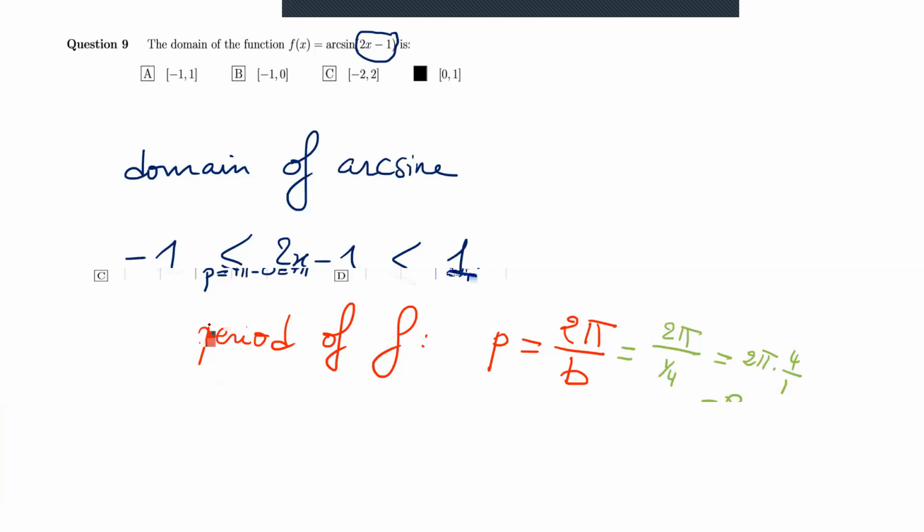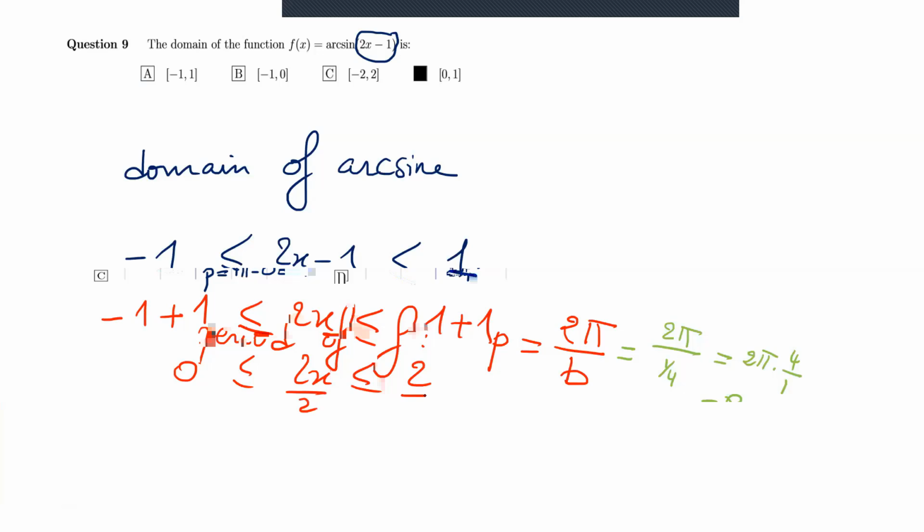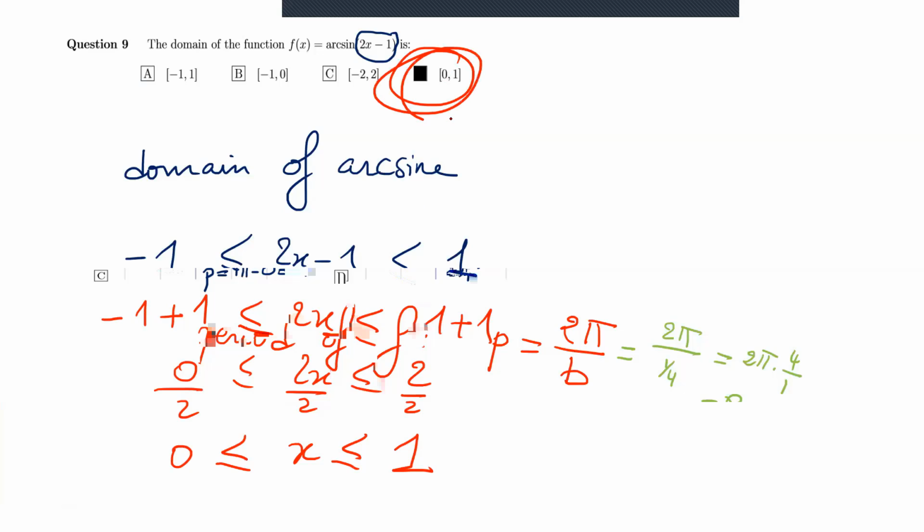We have to solve it, so we add 1 to all sides, and then we divide by 2. Since it's a positive number, we keep the same direction, and we get [0, 1]. This is the domain.